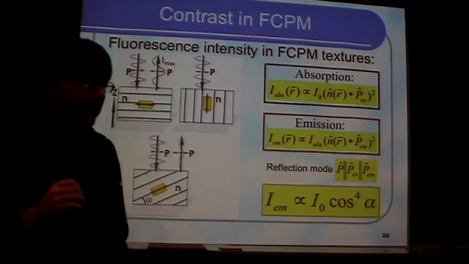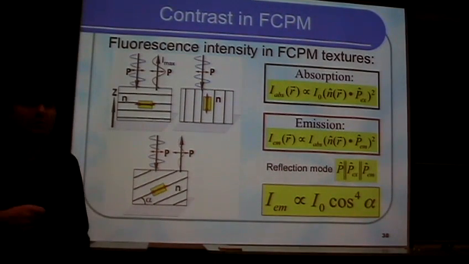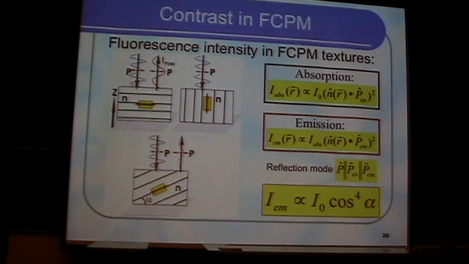The reason we are able to do this visualization of patterns of molecular orientation, as we mentioned before, is the sensitivity of the fluorescence intensity to the orientation of the dye molecules and the liquid crystal director with respect to the polarization of the excitation light. As I mentioned before, the strongest signal corresponds to mutually parallel orientation, and the weakest signal to orthogonal orientation.